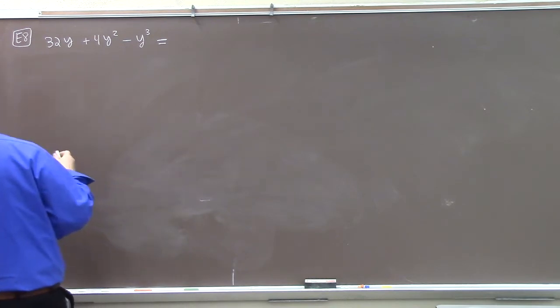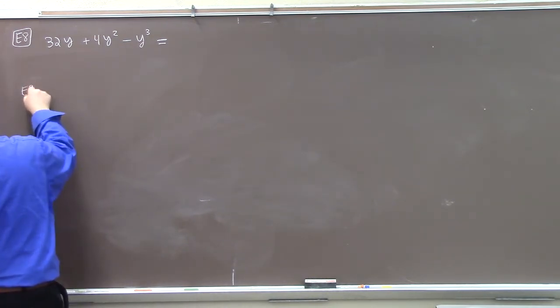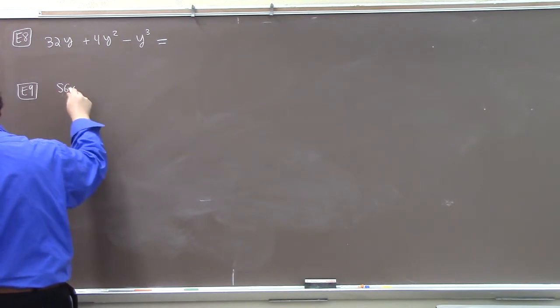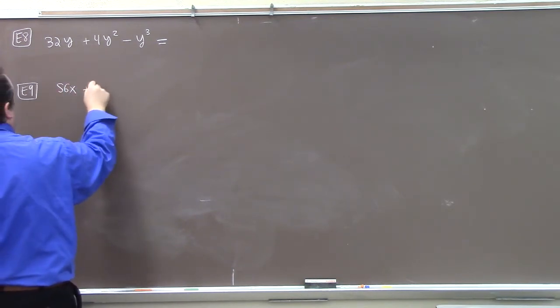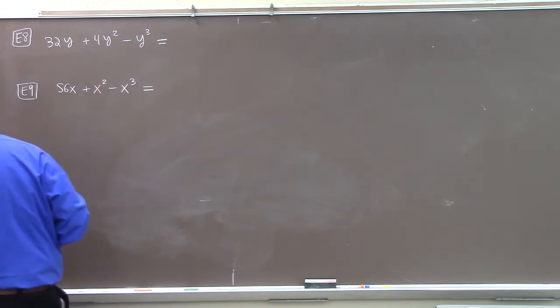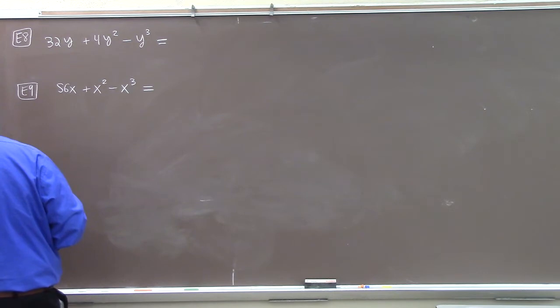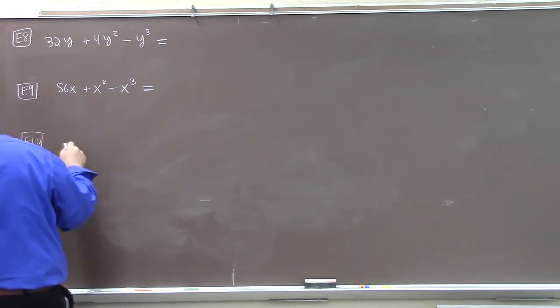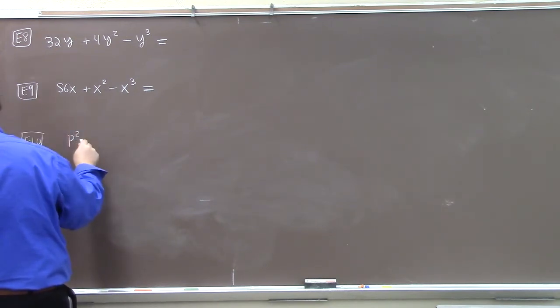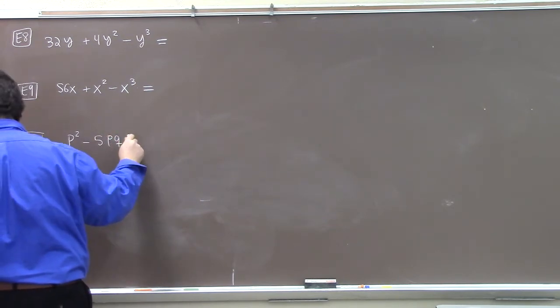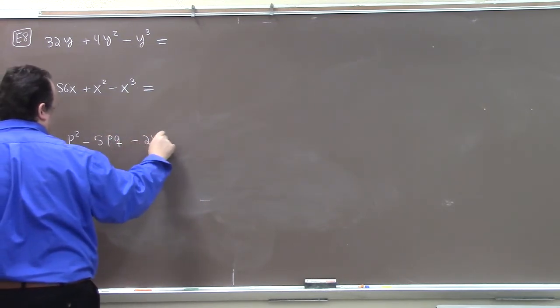I'll let you think about that one. I'm going to write down another one, so I can put this book down. 56x plus x squared minus x cubed. All right. Example 10: p squared minus 5pq minus 24q squared.